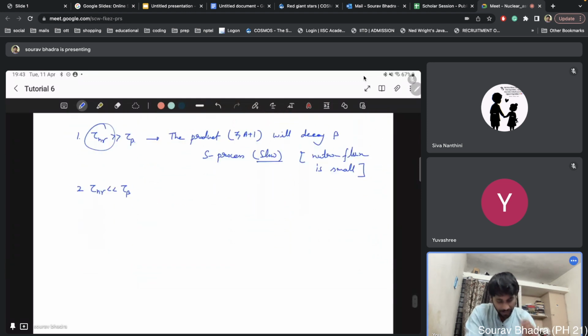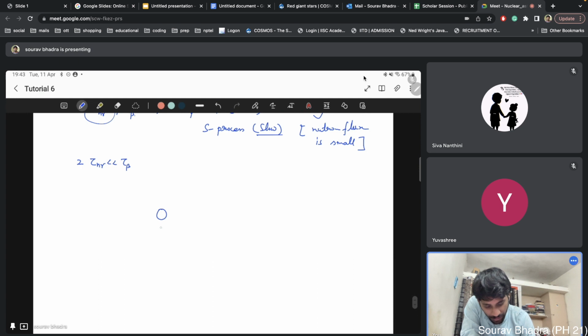Okay, so let me just put it this way. It was X, one neutron is coming, it reacts with this, and the nucleus is created. It is unstable, and it has a beta emission time scale smaller than the other neutron capture time scale, so it will decay by beta.